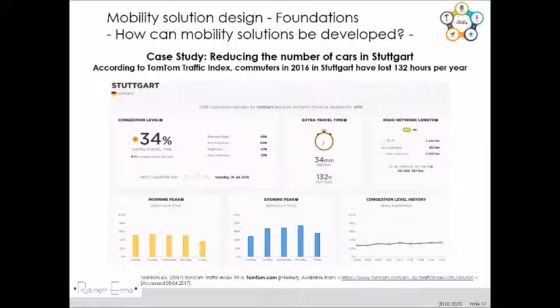Secondly, Stuttgart is among the cities in Germany with the highest congestion level, together with Düsseldorf and Munich, which means that per day everybody who is using a car loses on average about half an hour in congestion, which sums up to 132 hours per year, mostly during the usual morning and evening peaks, but the congestion rate is not going down at the moment.